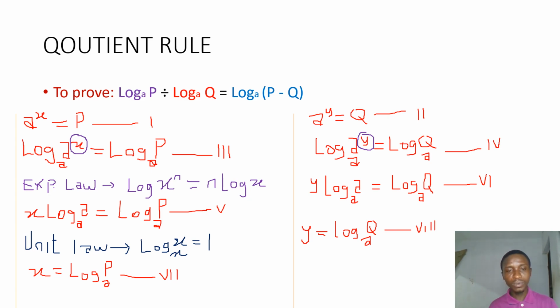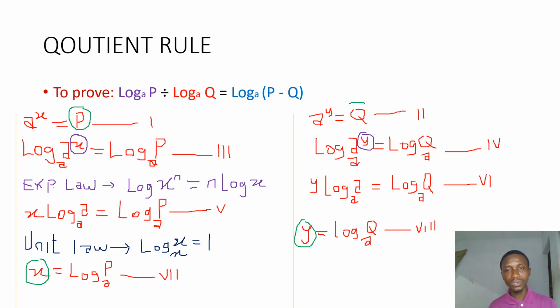We have been able to derive expression for x. So we make x the subject of the formula, and we have also made y the subject of the formula. So the next thing we are supposed to do is to combine p and q.